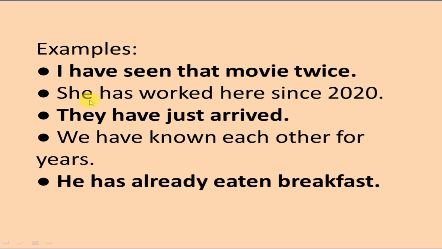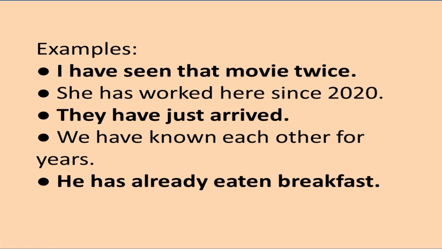Second example, she has worked here since 2020. When we say that she has worked here since 2020, does it mean that she is still working here or not? So you have the answer. Third, they have just arrived. When we say that they have just arrived, it means that they have just arrived now.